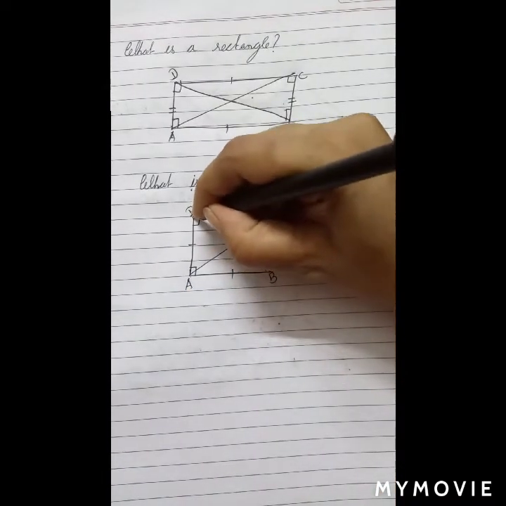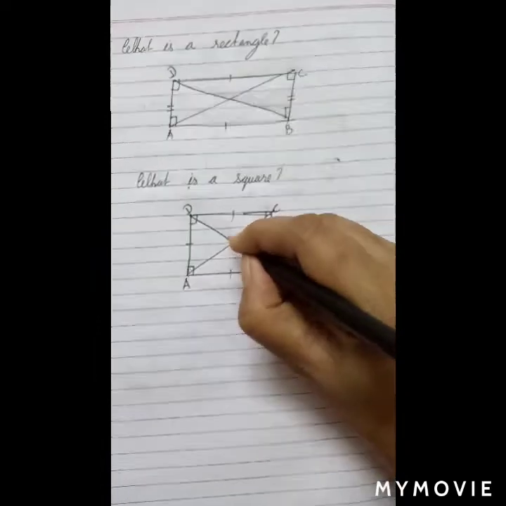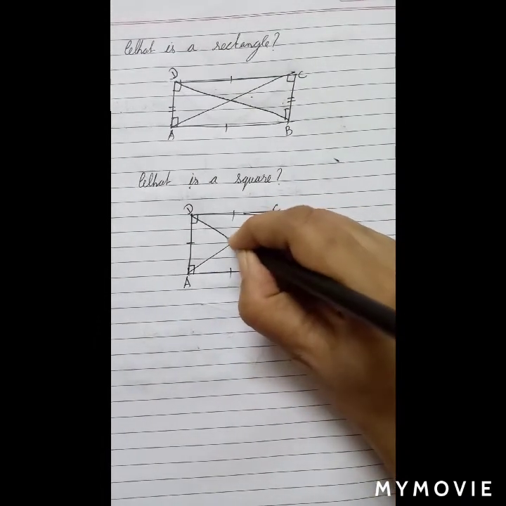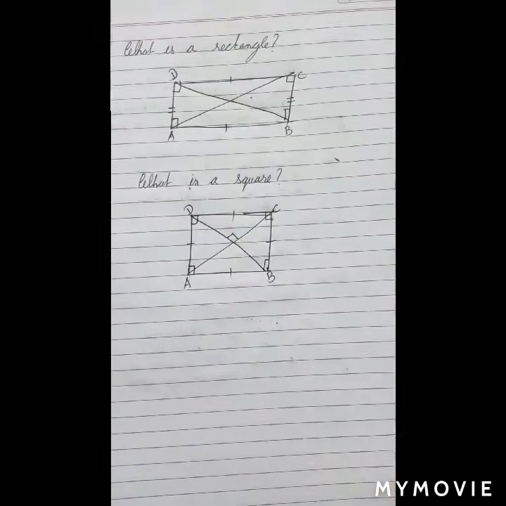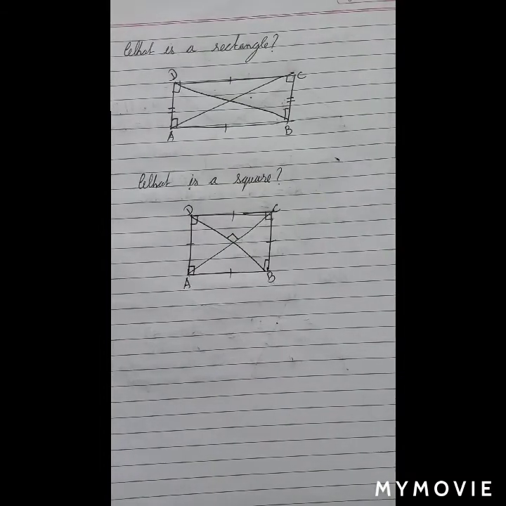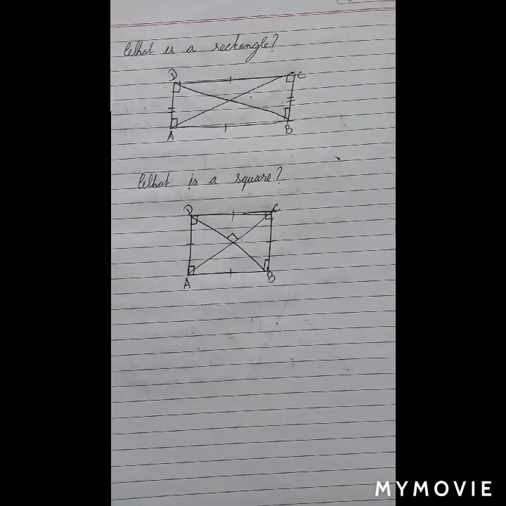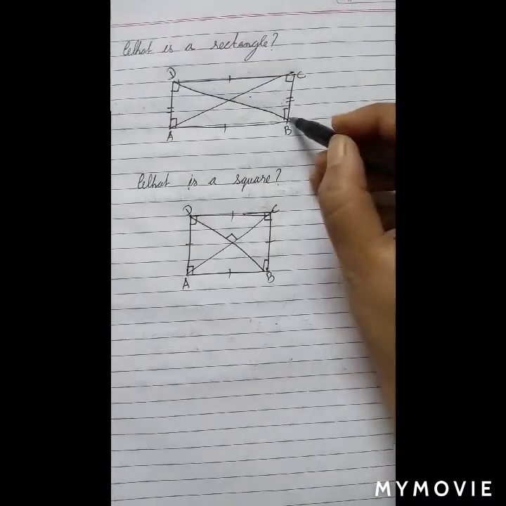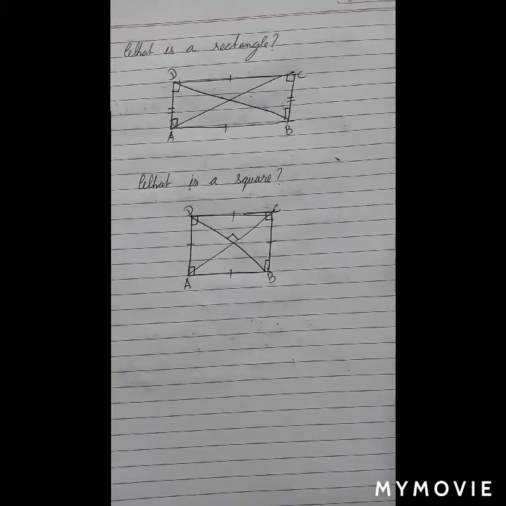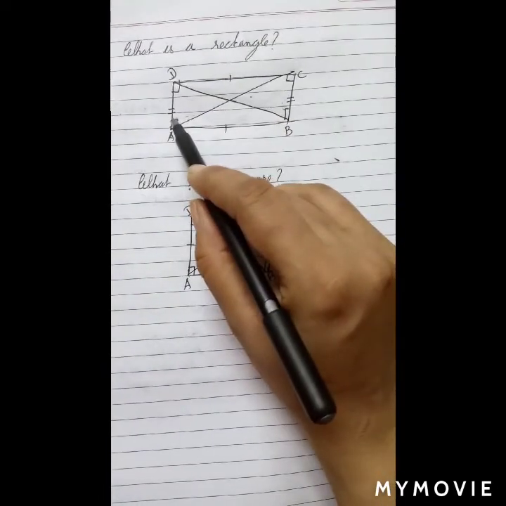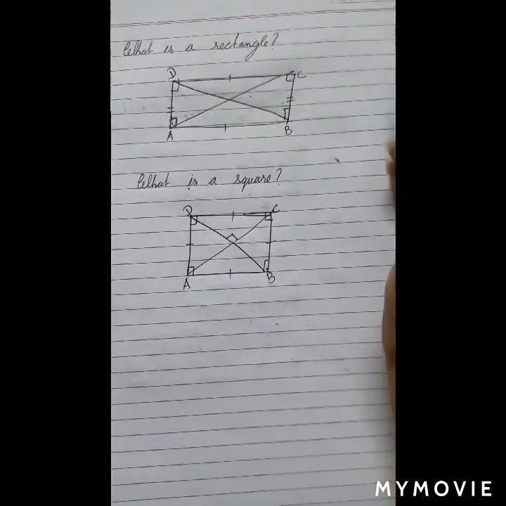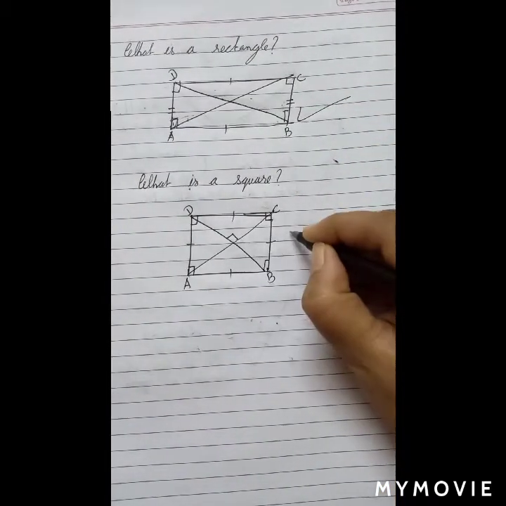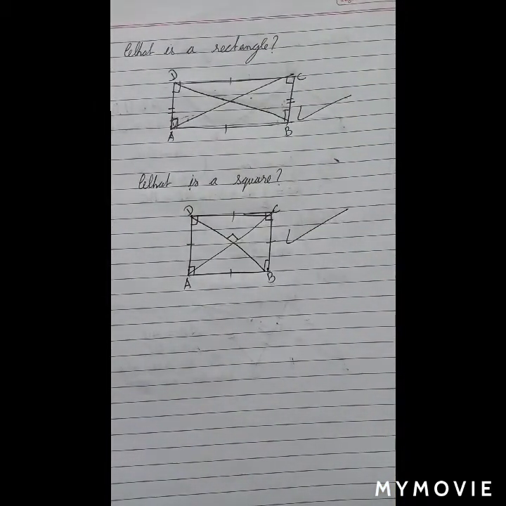AC is one diagonal and BD is another. This is a rough sketch, but the diagonals bisect each other at right angles. So, in case of rectangles and in case of squares, all vertices make an angle of 90 degrees.